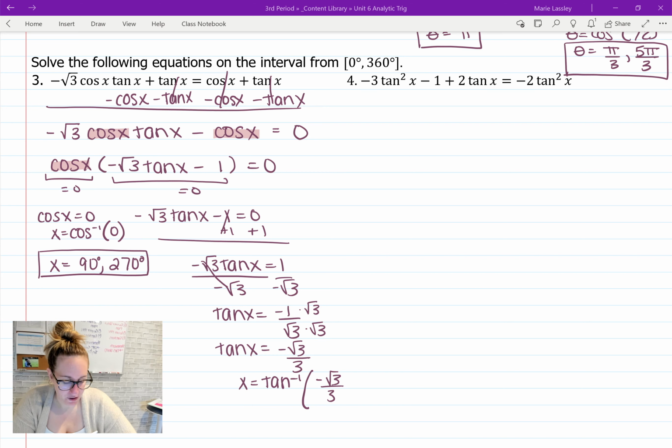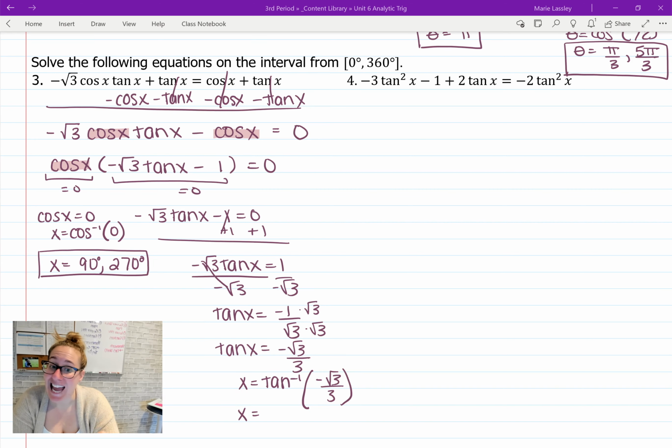And if you ever notice this, where the square root started in the denominator, that means the square root was with the x value of the coordinate, because with tangent, it's y over x. So if we end up with that square root in the bottom, it had to go with the x coordinate. So you're going to have square root of 3 in the x coordinate at your 30-degree angles.